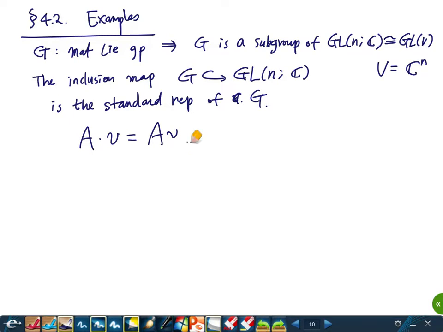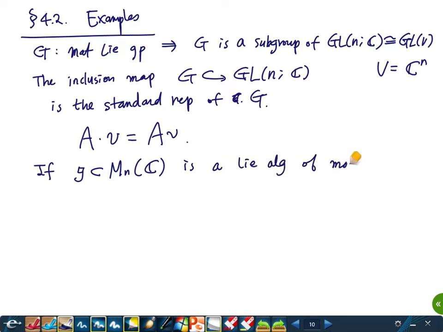And if this is a subset of the matrix algebra, if this is a Lie algebra of matrices, then the standard representation is again just the inclusion.